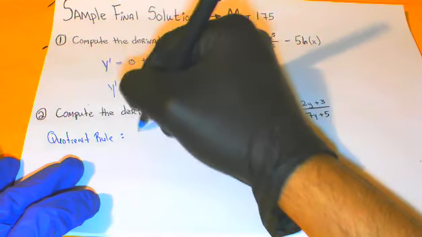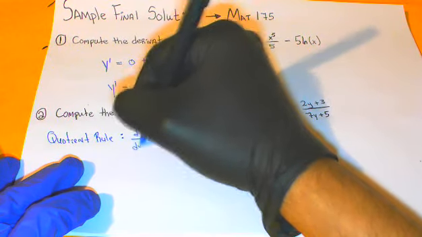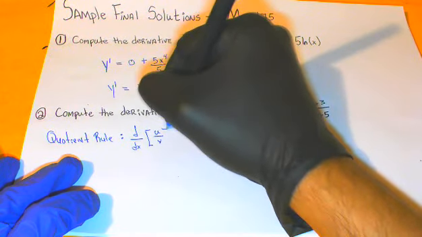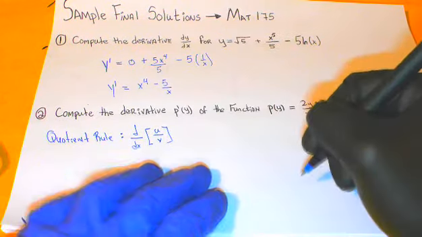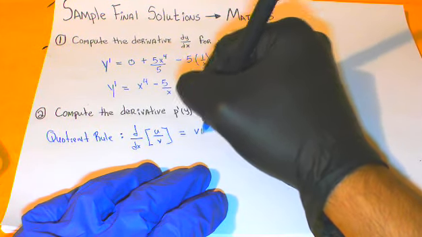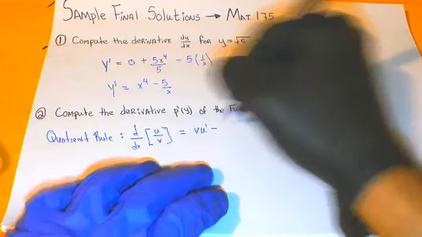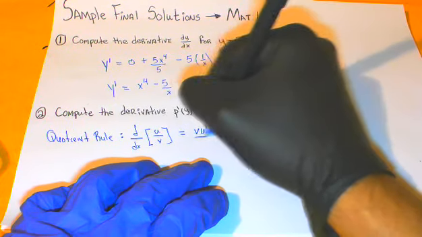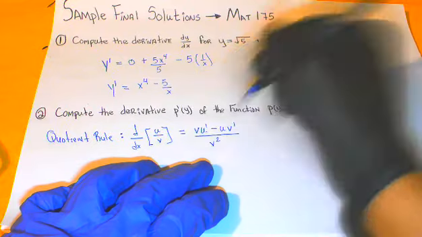If you're trying to take the derivative with respect to x of one function over another, u divided by v, then this is simply going to be v times u prime minus u times v prime, all divided by v squared.